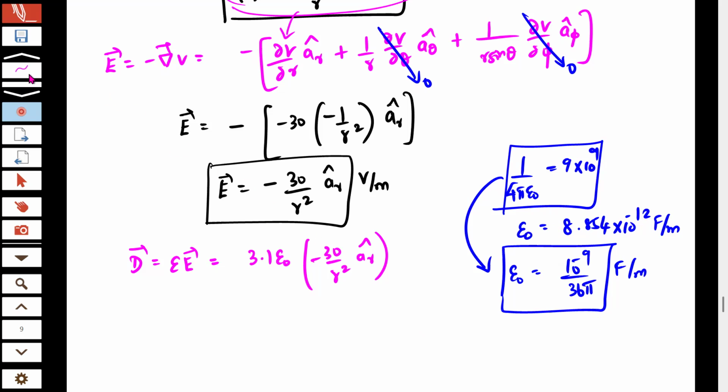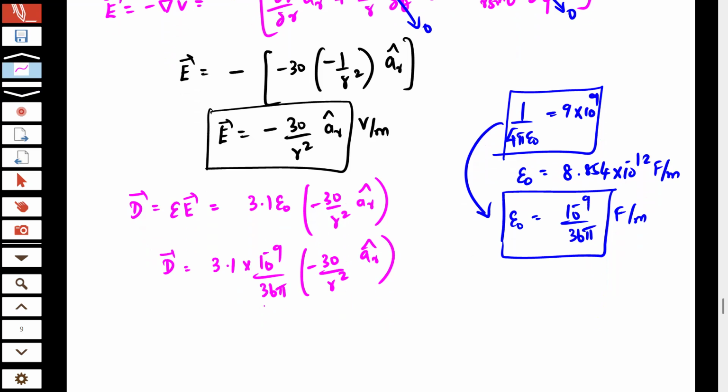So we can write D as 3.1 into 10 power minus 9 by 36 pi multiplied with minus 30 by R square AR cap. So this 10 power minus 9 can be written as nano. When we simplify this, we will get minus 0.8227 by R square into 10 power minus 9.